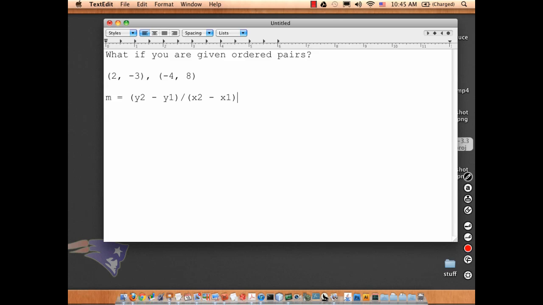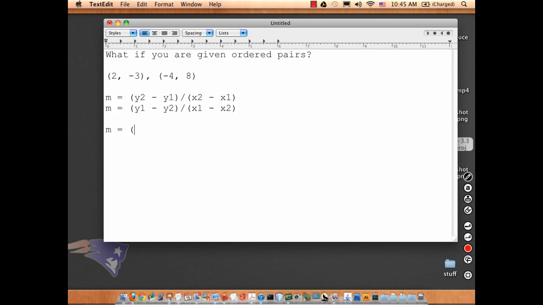Now, going back to his earlier question, when we had the graph up, it didn't matter which point we started with, right? Which means that it doesn't really matter if I have y2 first, or I can also have y1 minus y2 divided by x1 minus x2. In the same way that if you have a picture, it doesn't matter which point you start with. The same thing with this formula. It doesn't matter which y value you pick first, but you have to be consistent, okay?